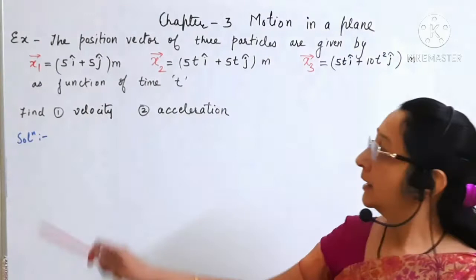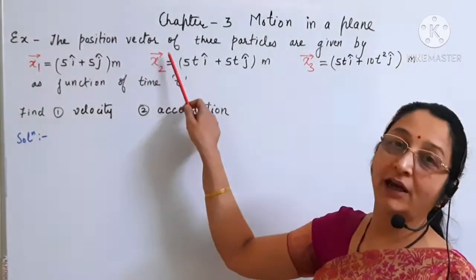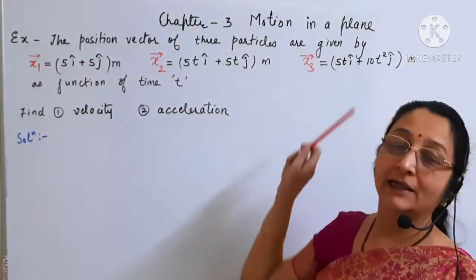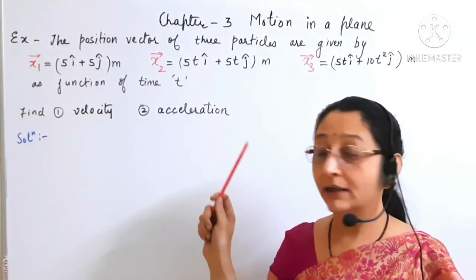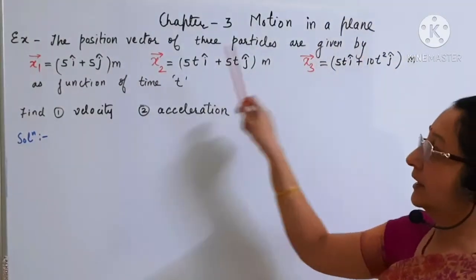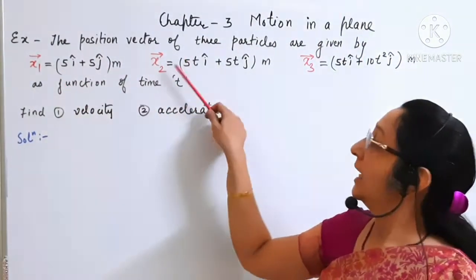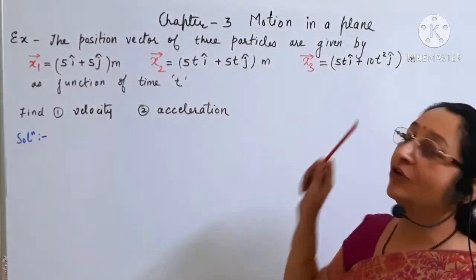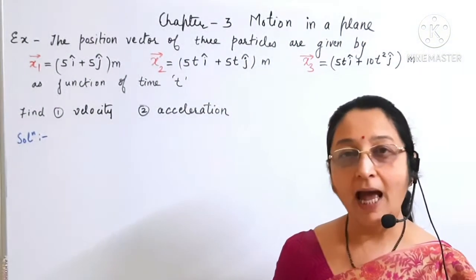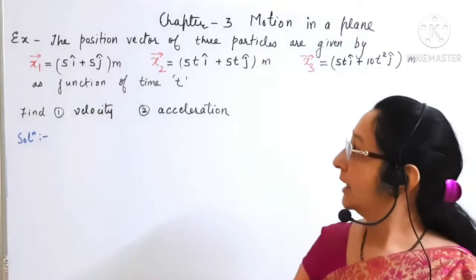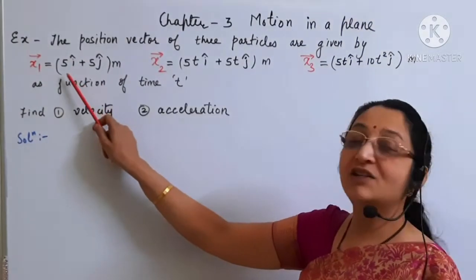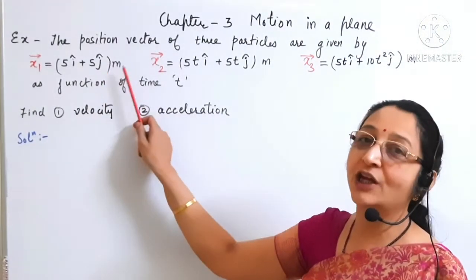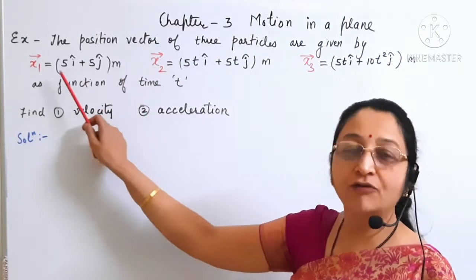Now, the problem is: the position vectors of three particles are given. The particles are x1, x2 and x3. For x1 it is 5i plus 5j meters, the position vector of the first particle.